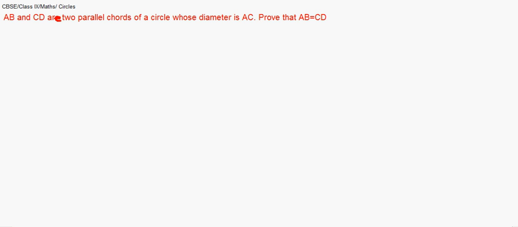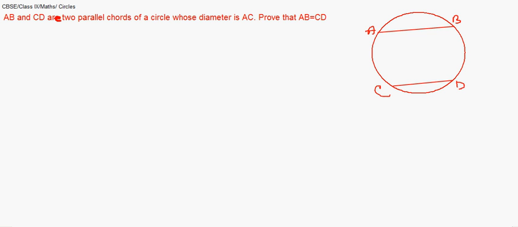Let's draw the circle first. There are two parallel chords, so I draw one here, the other one here. The circle has become a little flatter one. This I name as AB and this being CD.